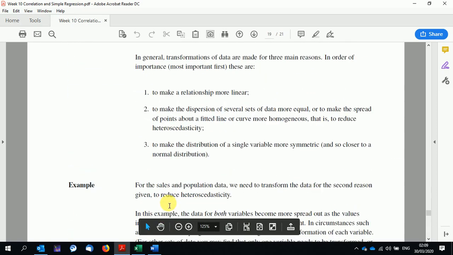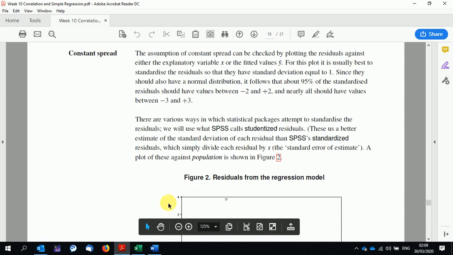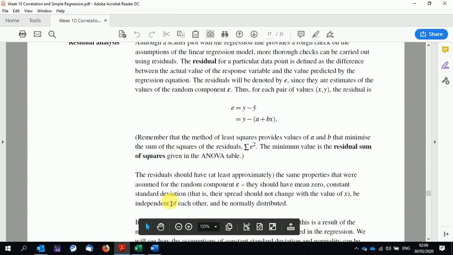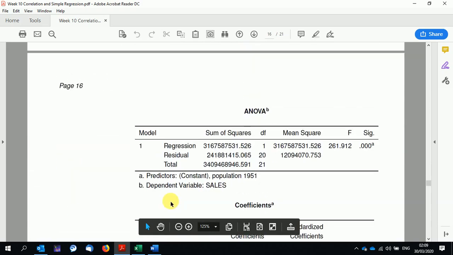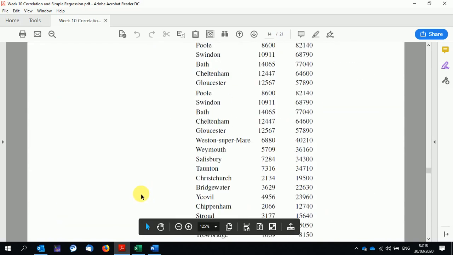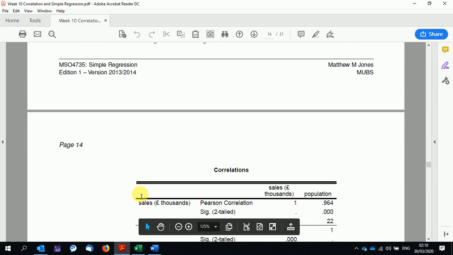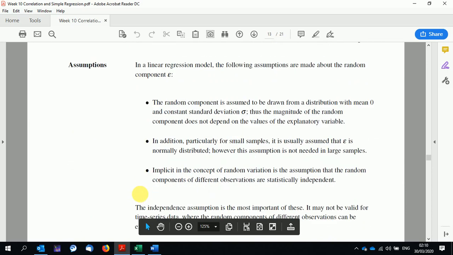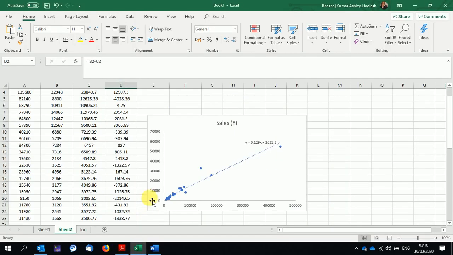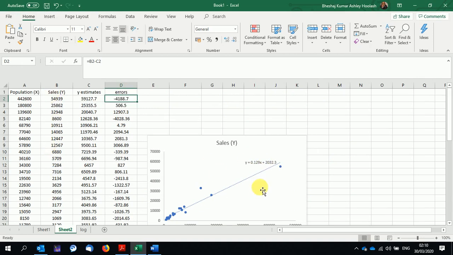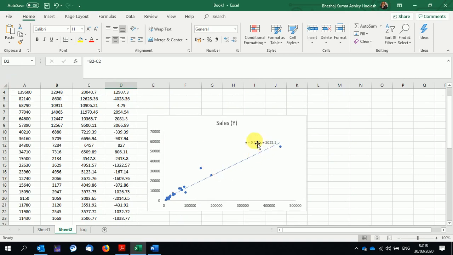So for example, instead of this equation where y is sales and x is population, number of people, I will apply logarithm to both sides, right?